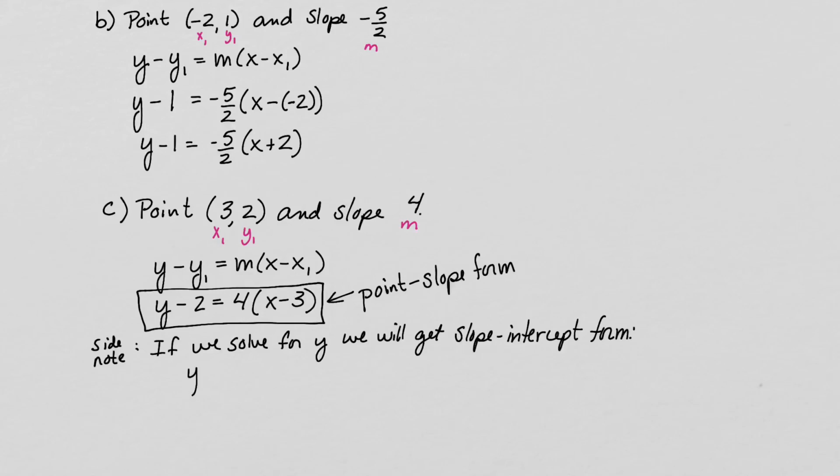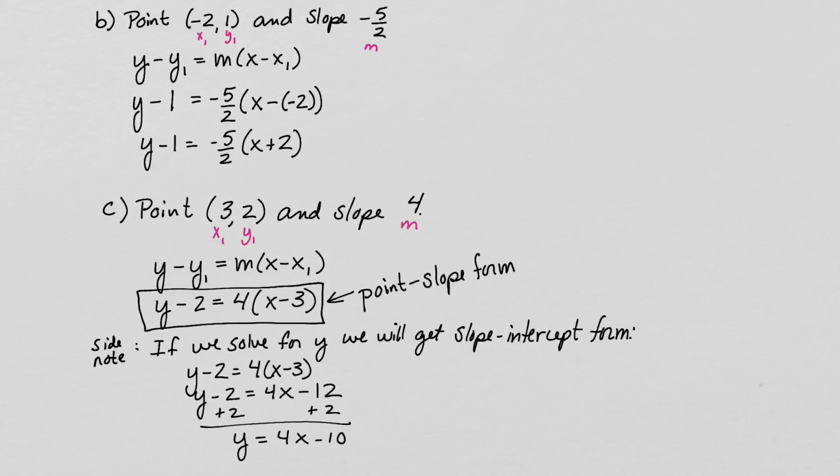So if I took this y minus 2 equals 4 times x minus 3, and I first distributed that 4, so y minus 2 is going to be 4x minus 12. And then I added 2 to both sides, y would be equal to 4x minus 10. This is the slope-intercept form of the same line. So you can get from point-slope form to slope-intercept form.